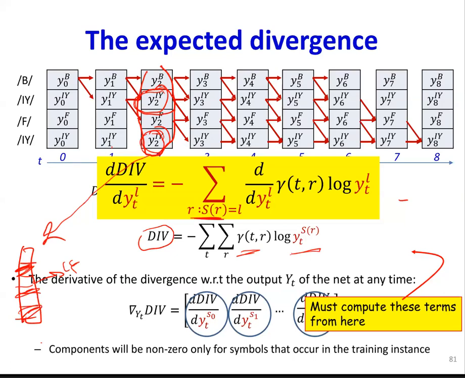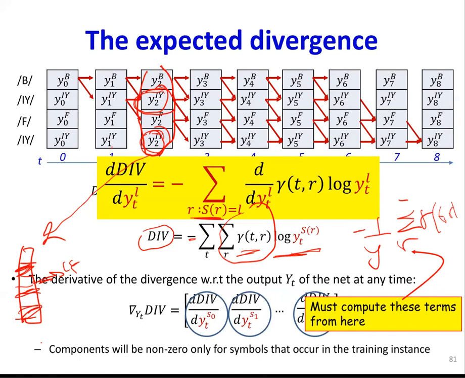So if I take the derivative of the divergence with respect to the probability of E, from log y the derivative is simply minus 1 over y, right? Because there's a minus over here, correct? But then you also have this additional thing. It's going to be the summation over all the rows which include y of gamma t,r, right?